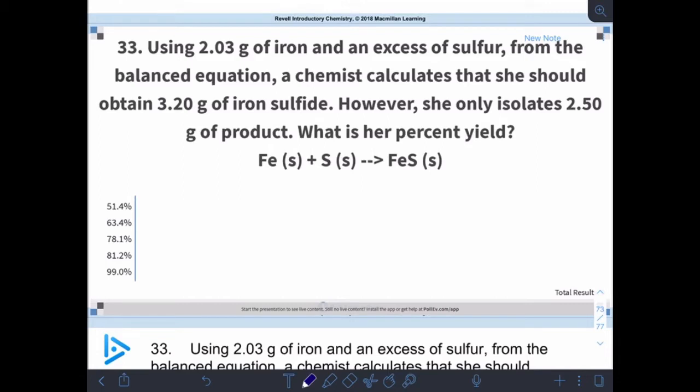Okay, so given the following reaction, using 2.03 grams of iron and excess sulfur, that's important information. Excess sulfur means that the iron is the limiting reagent, or the limiting reactant. When you're told that one of your reactants is in excess, that means that the one you're given is limiting, and will tell you the theoretical yield.